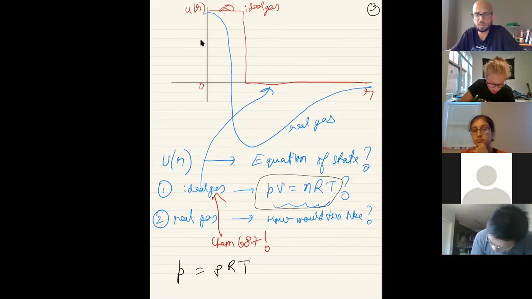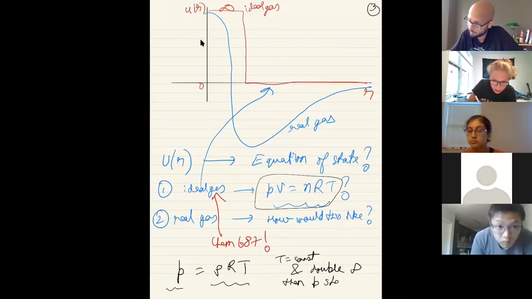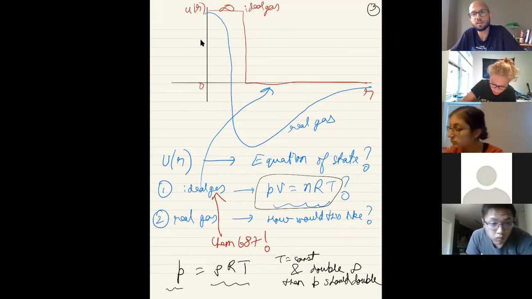And this is just another way of writing PV is equal to nRT. What does this mean? This means that if you keep the temperature constant, T is equal to constant, and double rho, then P should double, right? This is not going to happen in a real gas.